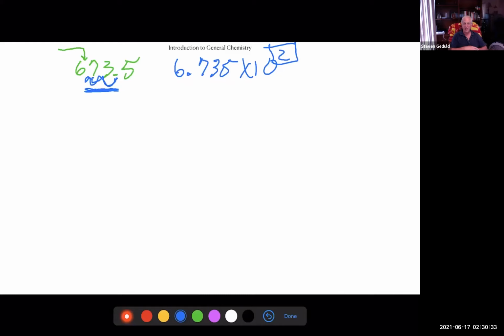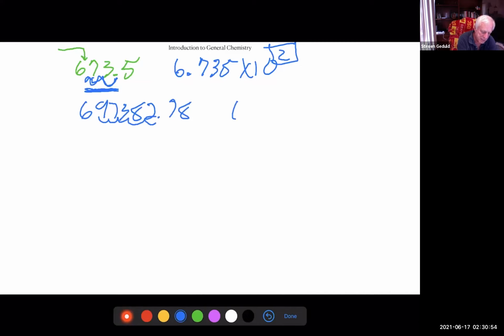If I made that number smaller, then I've got to make the exponent bigger. So this one's +2. You only go by how many places you move that decimal. If the number was 69738.78, I'd move the decimal point 1, 2, 3, 4, 5 places.